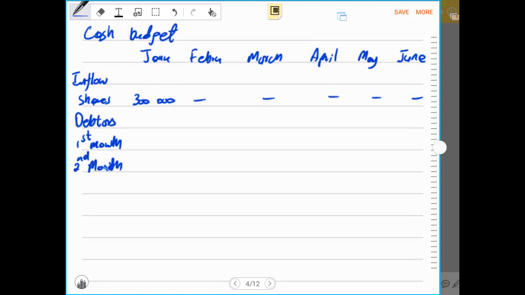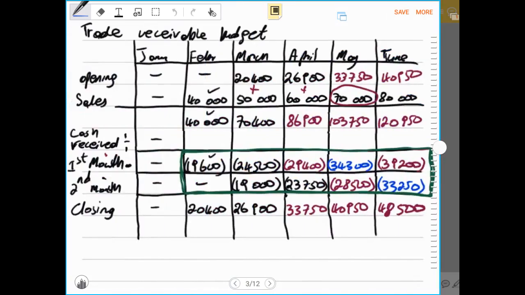In the first month, it was not in January. In January, there was no cash received. In the month of February, there was cash received from debtors. For the first month, it was 19,600, 24,500, 29,400, 34,300, and 39,200.